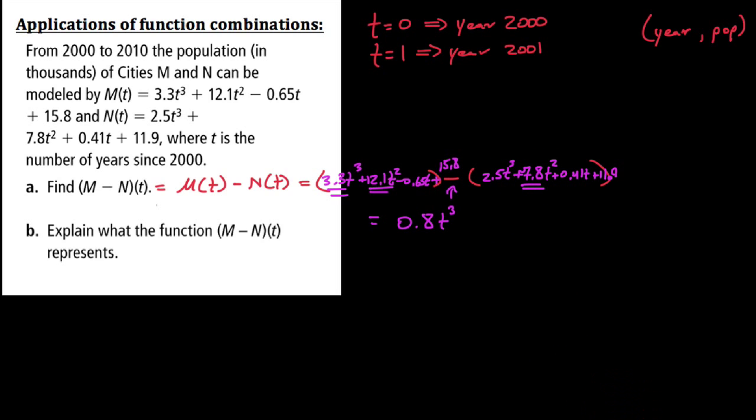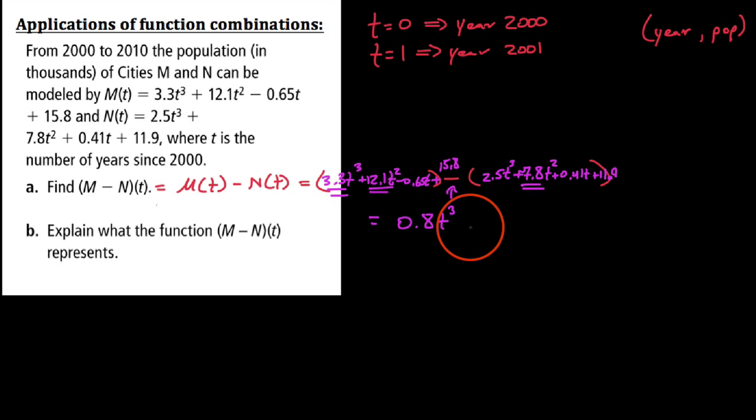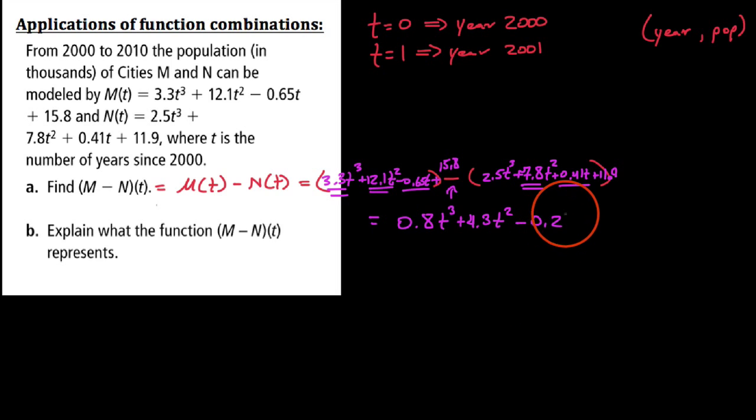So 12.1 minus 7.8 is 4.3, so plus 4.3 T squared. Now going on to our T's, we have negative 0.65 and positive 0.41, and we would get negative 0.24 T.